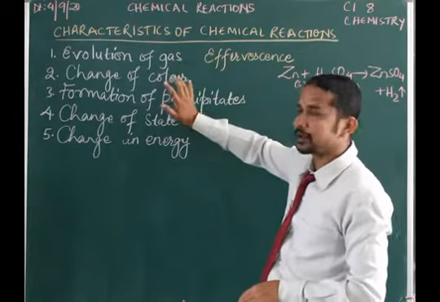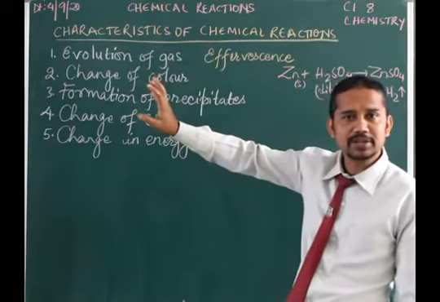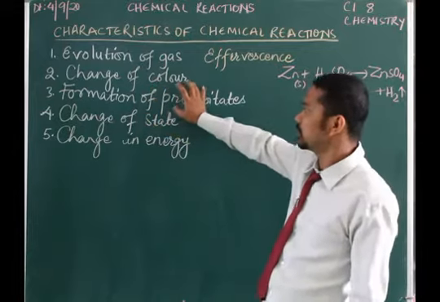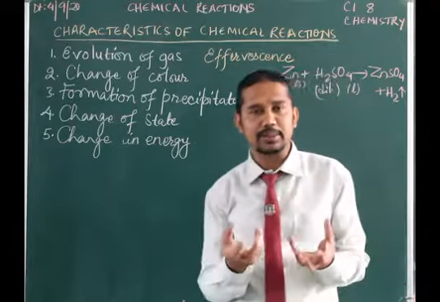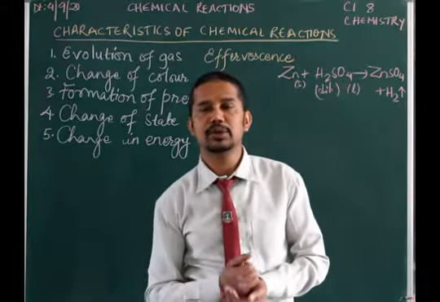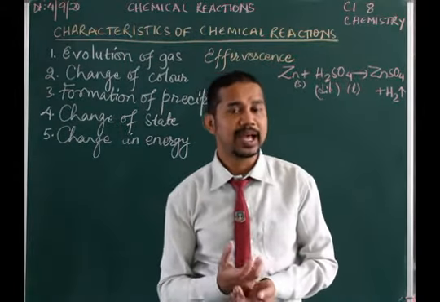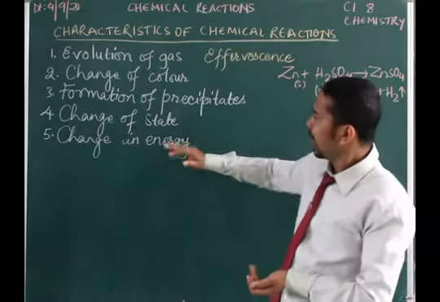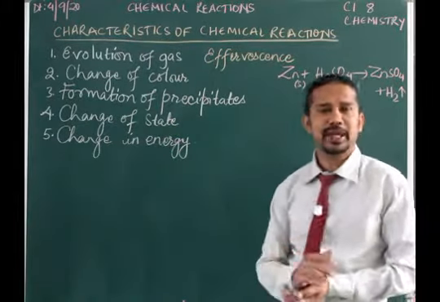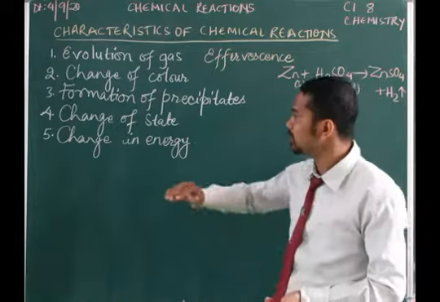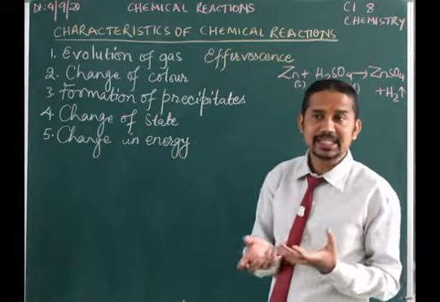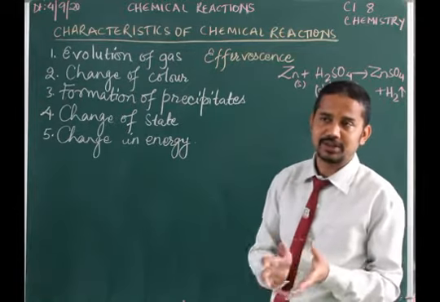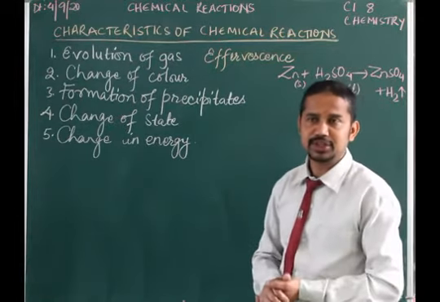Number 2 is change of color. Some of the chemical reactions are characterized by change of color. Number 3 is formation of precipitates: in some chemical reactions an insoluble solid will be formed as a precipitate. Number 4 is change of state: in some chemical reactions, the state of the matter, the state of the substance, will change.